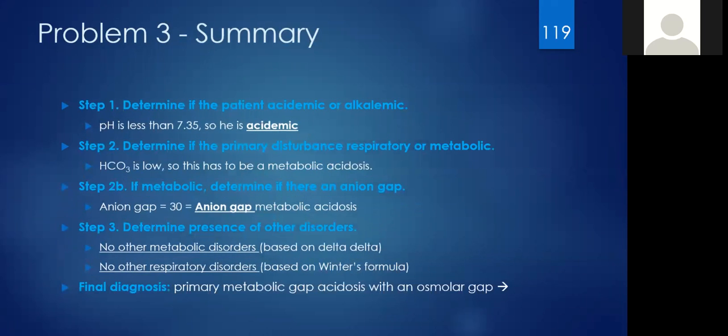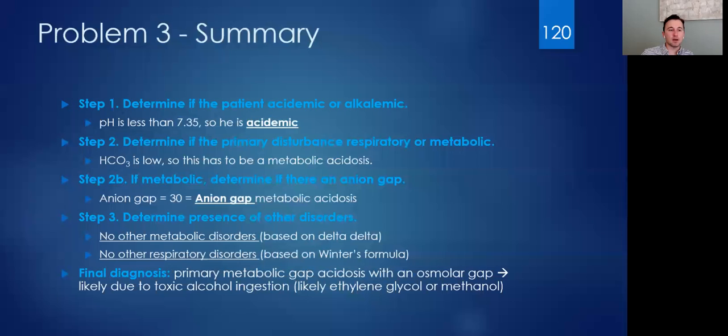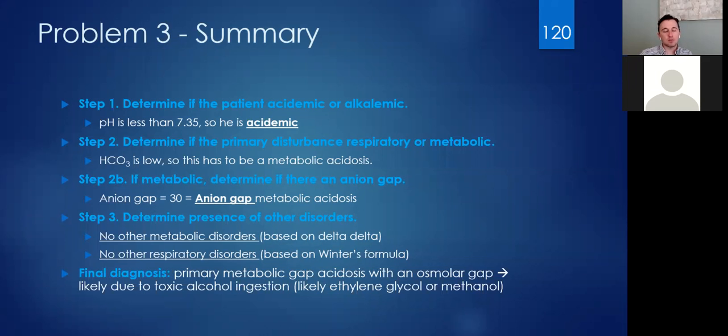So our final diagnosis is a primary metabolic gap acidosis in the presence of an osmolar gap, which is likely due to a toxic alcohol ingestion. So this was an alcoholic who likely ingested ethylene glycol or methanol.